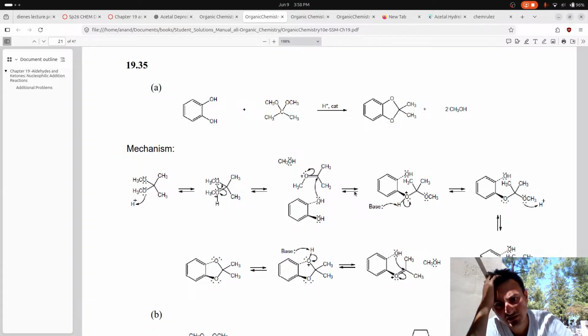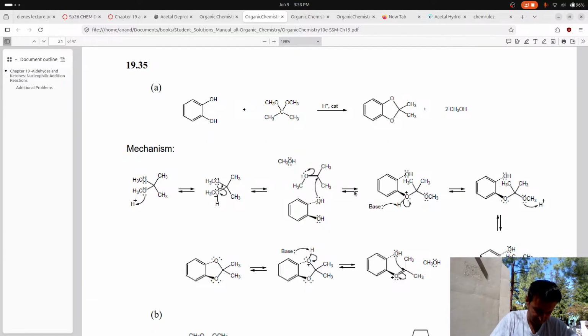Actually, it's subtly different because there is no hemiacetal, and you just go straight to the attack. Okay. Alright, maybe I'll try. Okay, so we have this thing here.